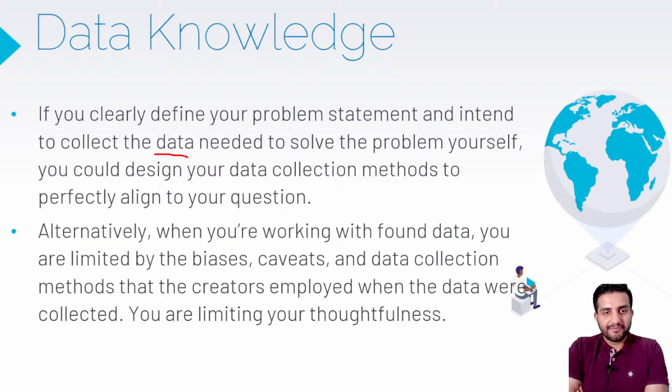And from that perspective, I need to clearly understand whether that data is already available, or am I limiting my thoughts based on only the available data, or am I still intending to collect new information which might not be available right now, but we still have the technical competency or the availability of data which can be leveraged to solve this business problem. Both approaches are absolutely fine.